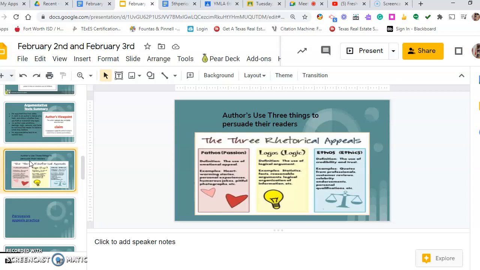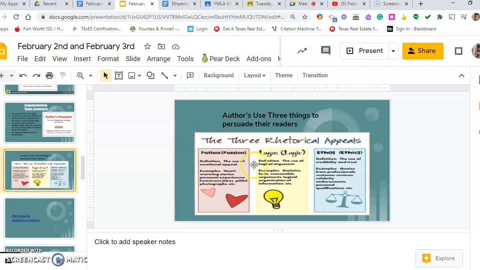Authors use three things to persuade their readers. They use pathos, which is passion or emotions, such as heartwarming stories, personal experiences, humorous jokes, pitiful photographs, etc. It is appealing to your emotions.